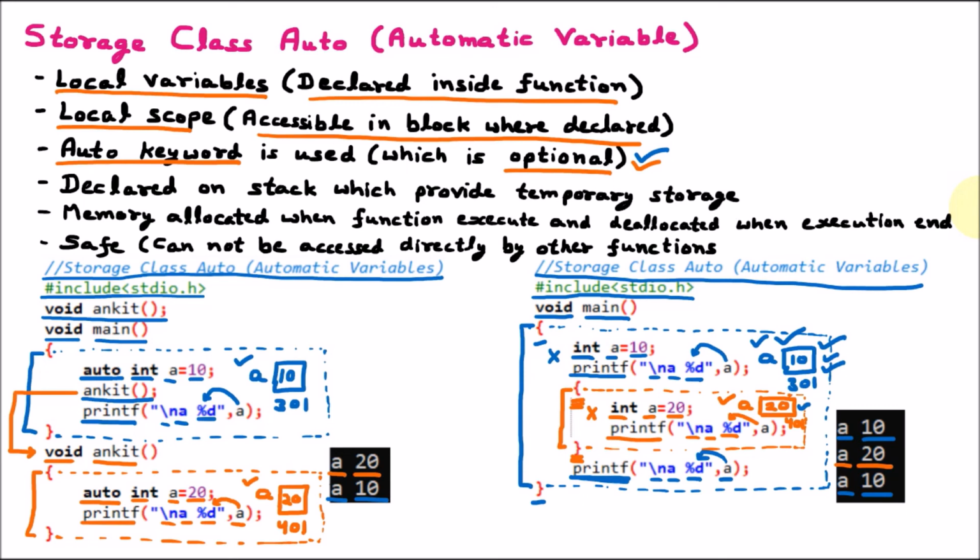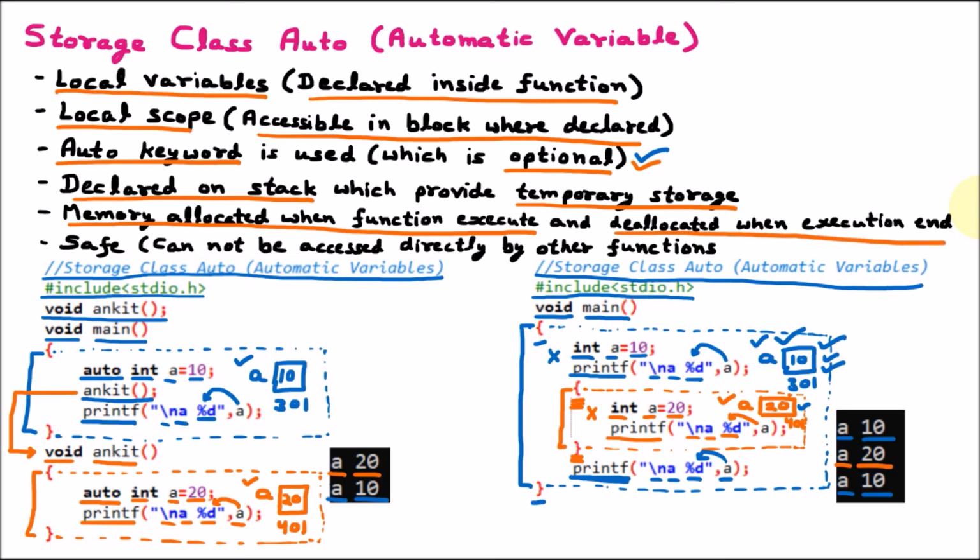The automatic variables are declared on the stack. That's why they have the temporary storage. Means when the function starts, then they have the memory, and when the function stops its task, then they lose its memory. So the memory is allocated when the function executes, and they deallocate the memory when the function ends.